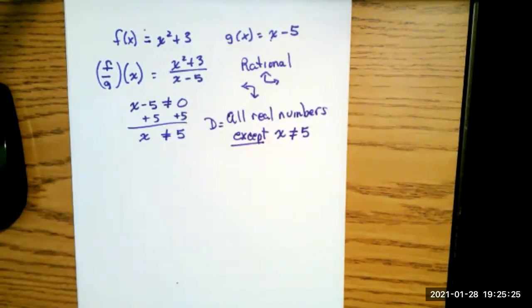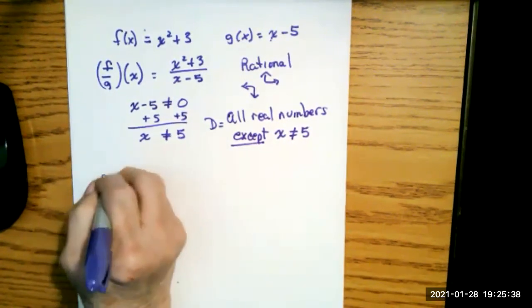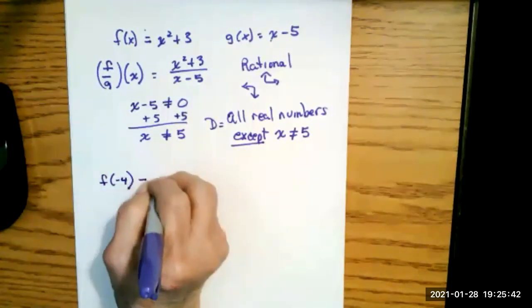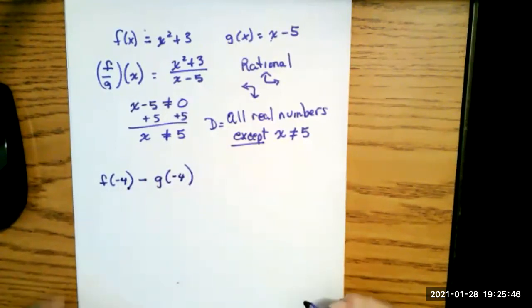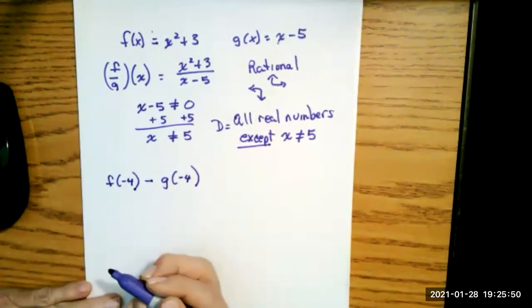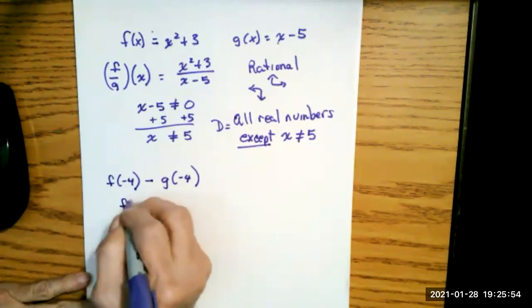Okay, so we can add, subtract, multiply, or divide these, and we can also put in any one of these, anywhere, we can make values using numbers. So suppose I want to find f of -4 minus g of -4. I'm using the same functions, but this time I want to put some numbers in there. So I find f of -4 first.